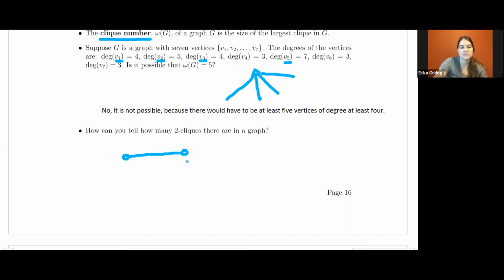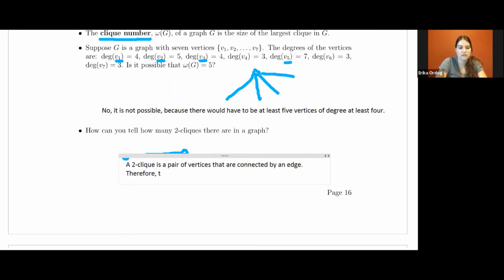So a 2-clique is a pair of vertices that are connected by an edge. Therefore, the number of 2-cliques is the same as the number of edges.